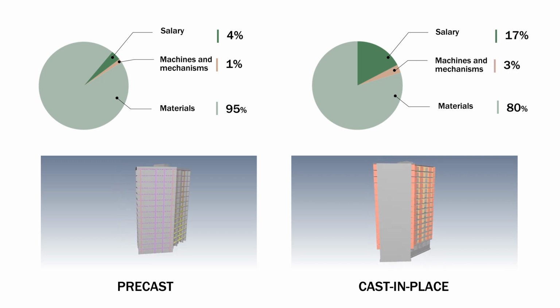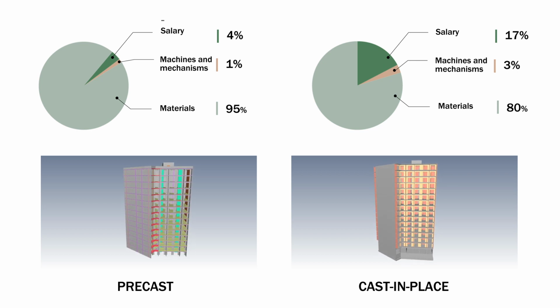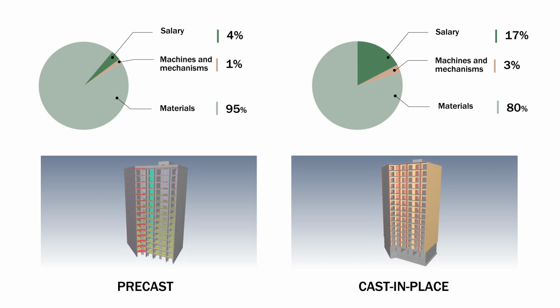To sum it up, we can conclude that a change in the hourly rate of workers or a change in the construction equipment leasing terms will not have a significant impact on the cost of the precast frame, while these factors will have a moderate impact on the cast-in-place frame construction.